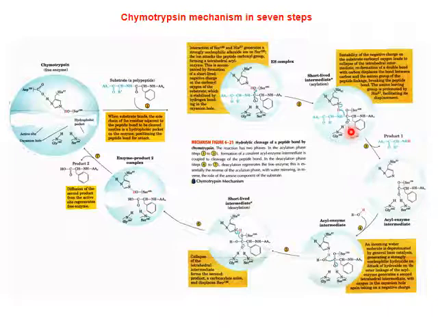Well, these lone pairs of electrons go back down to reform the pi bond, but instead of breaking the carbon-oxygen bond going back this way, we're going to break the carbon-nitrogen bond of that peptide bond. And as that bond breaks, the electrons from that bond are going to obtain this proton that was originally on the serine hydroxyl from the histidine and become protonated, so you have an NH2 group here.